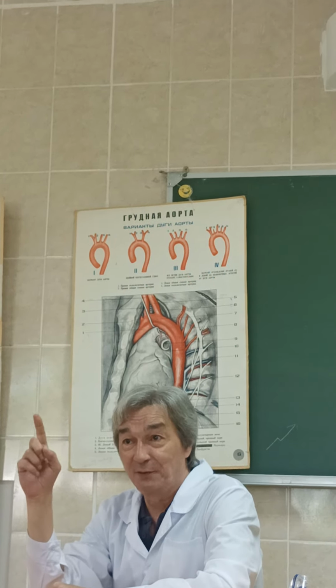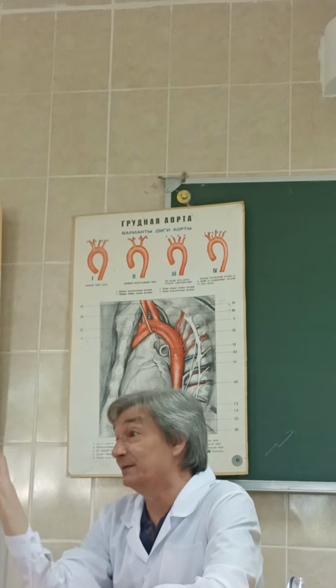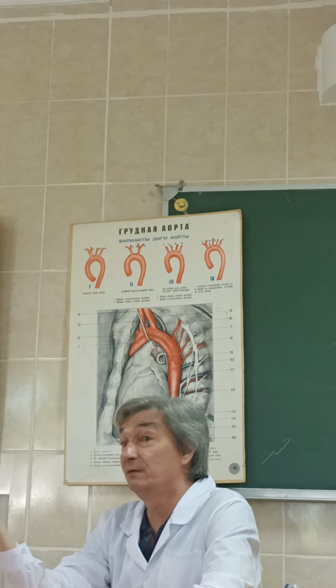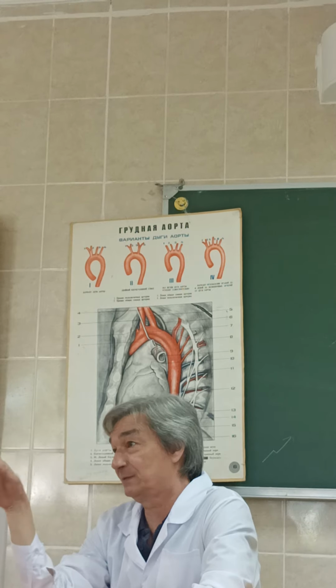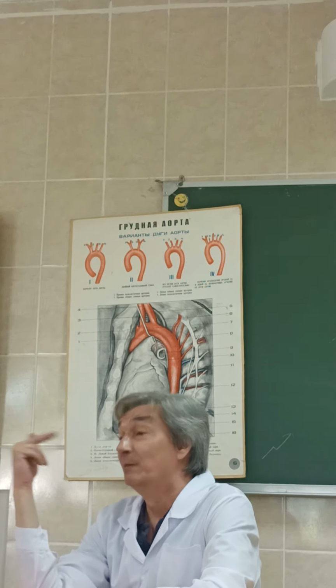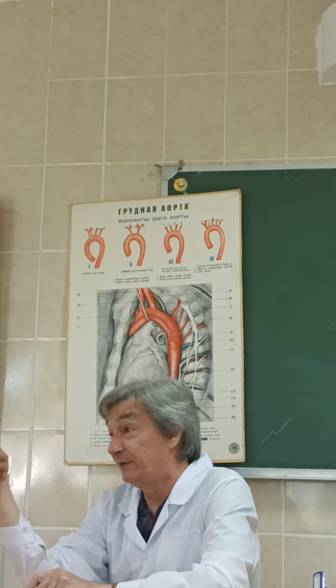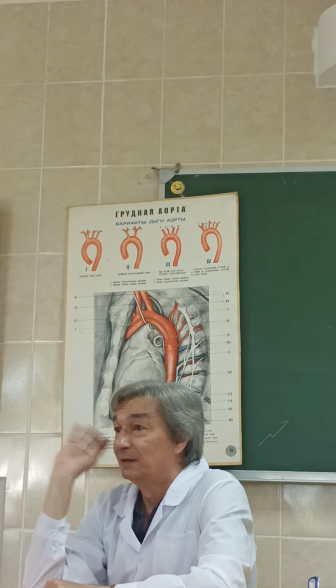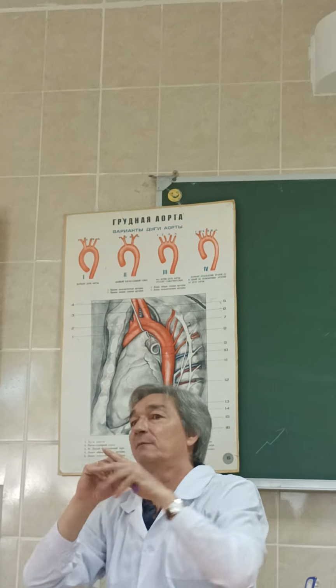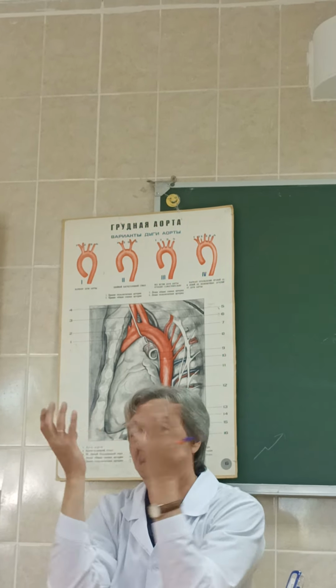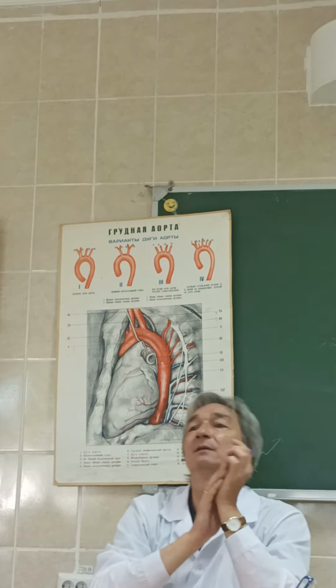But there is also the middle suprarenal artery, which has its origin from the aorta. The superior one starts from the inferior phrenic, the middle from the aorta, and the inferior from the renal artery. These 3 arteries form the networks which surround the suprarenal gland.